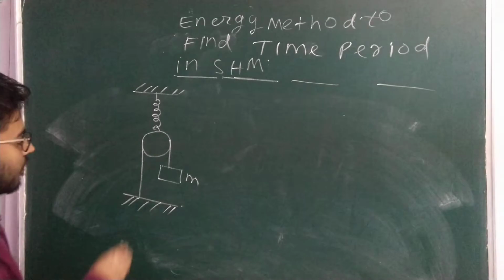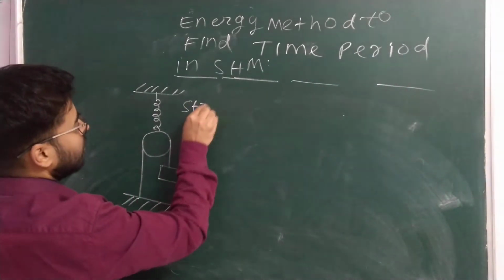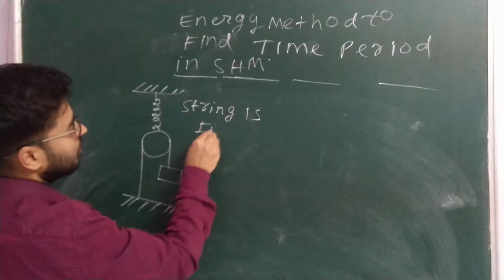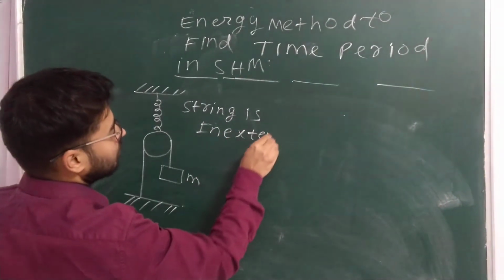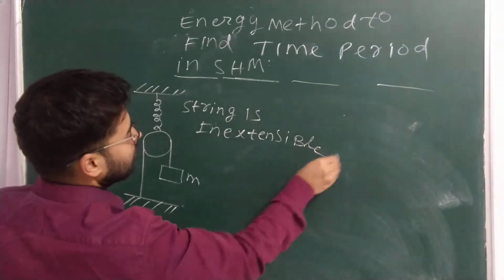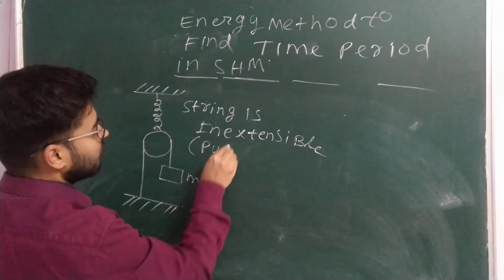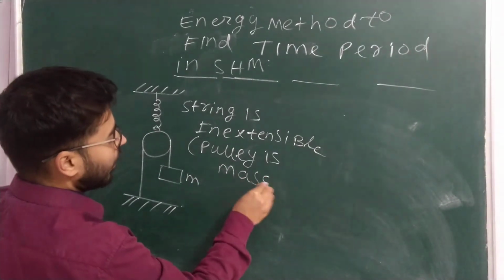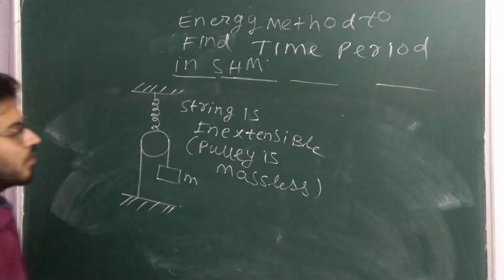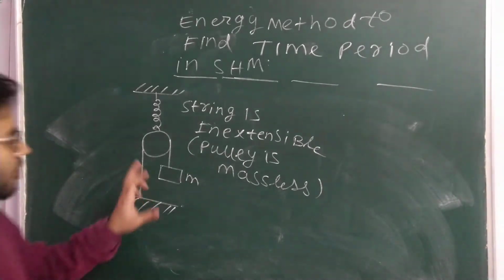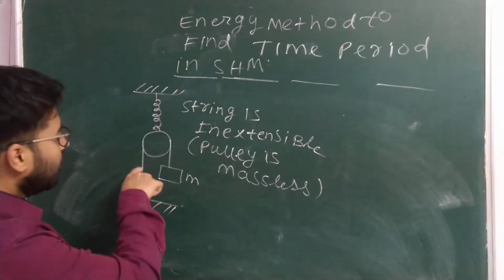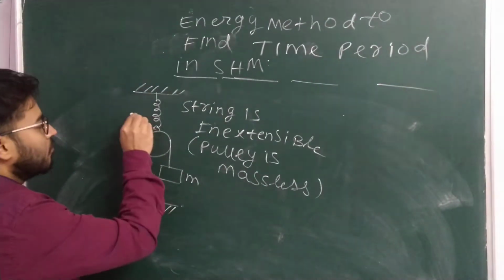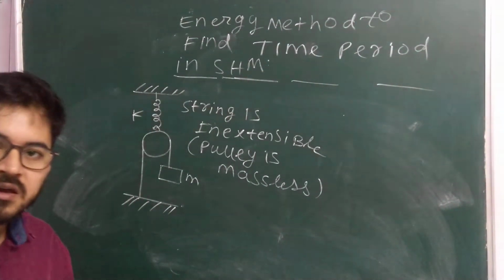It is given that the string is inextensible and the pulley is light, or massless. The ideal situation that we have done in Newton's laws. This is a spring whose spring constant is, let us say, K.